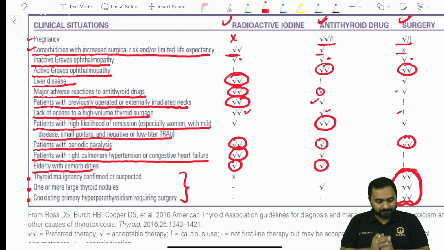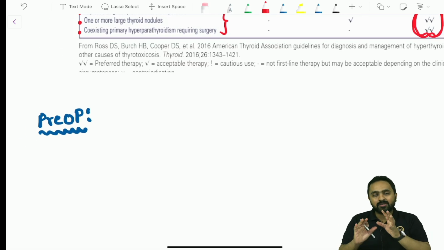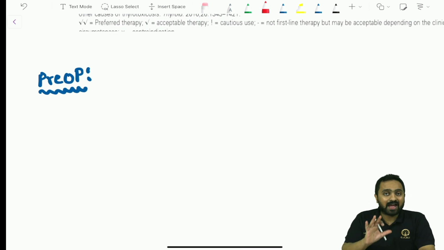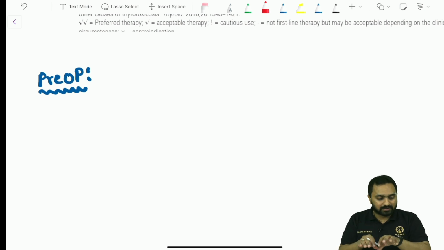Now apart from that, in Graves disease you need to know about the preoperative preparation. Preoperative preparation has a few drugs, so let's discuss a few important points about them. The mechanism of action and side effects have been dealt with in your pharmacology section, so I won't go into details over here.